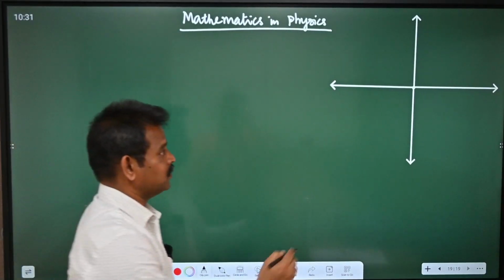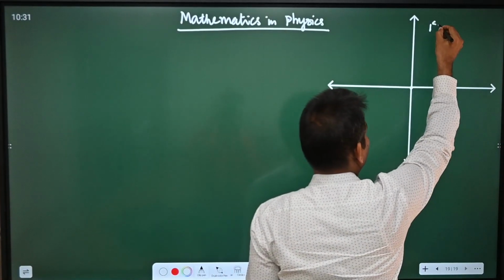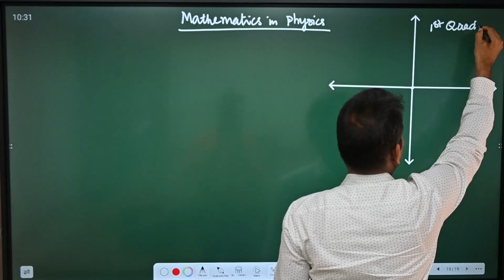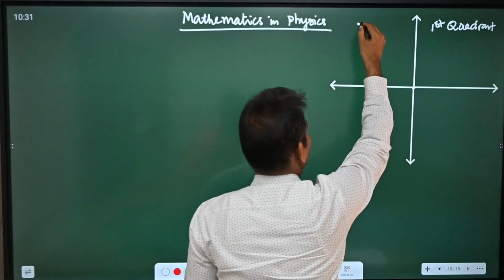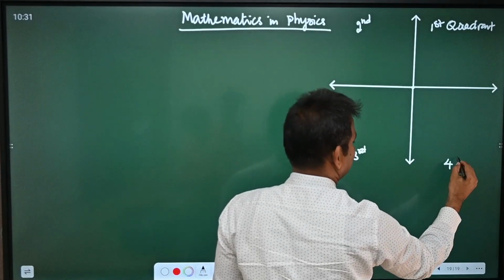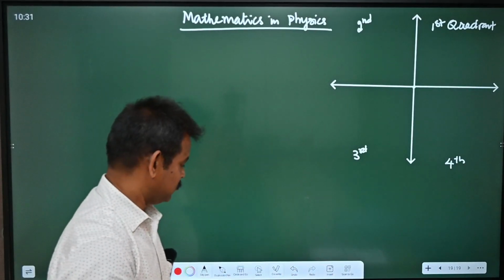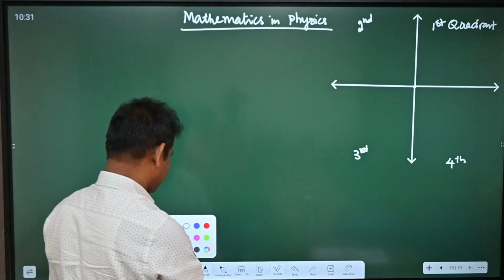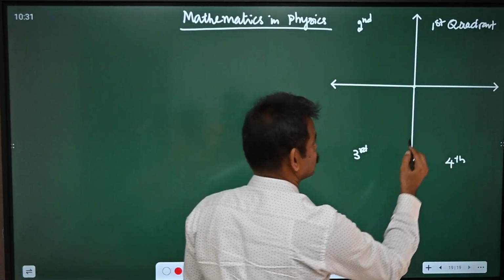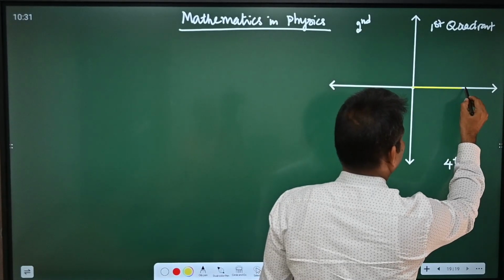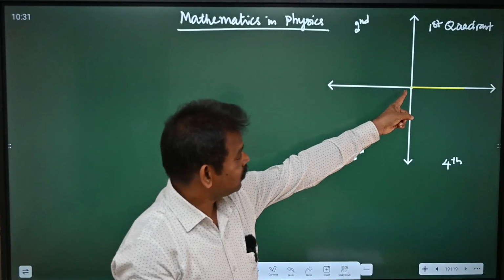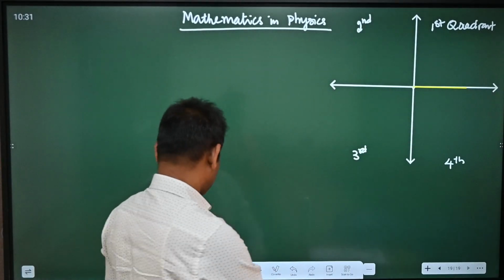When we are taking the first quadrant, second quadrant, third quadrant and fourth quadrant, here we can see this is from origin along positive x-axis.